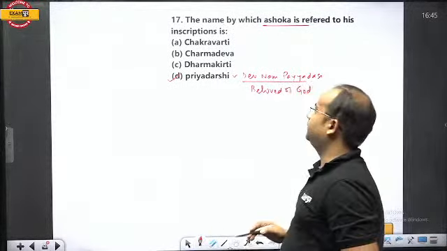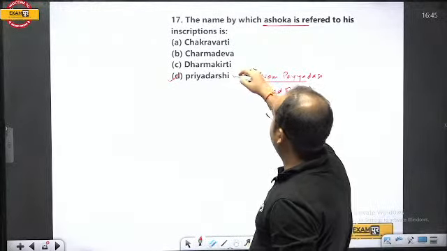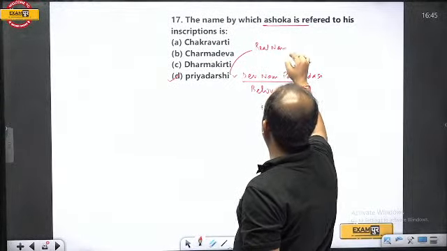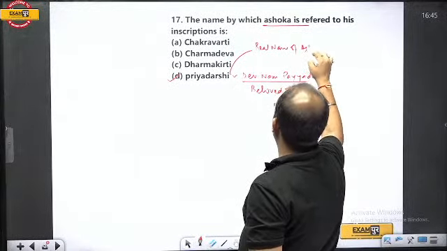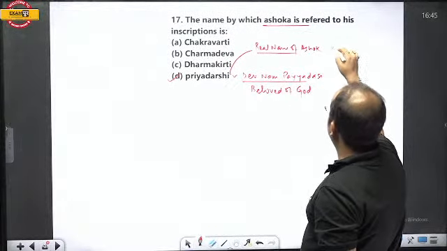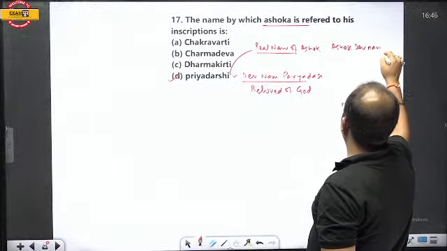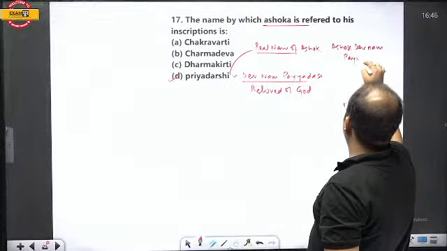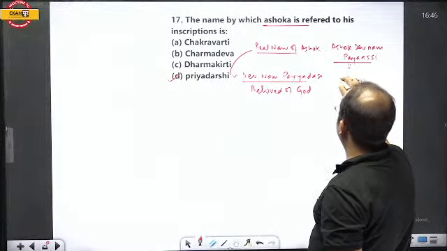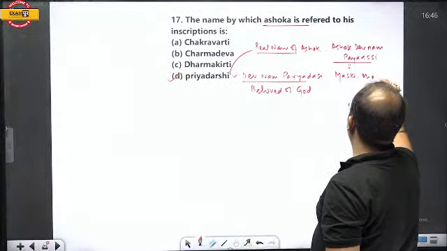So that is Priyadarshi or Devanam Payadasi, and the real name of Ashok, Ashok Devanam Payadasi, is found from the Maski Minor Rock Edict.